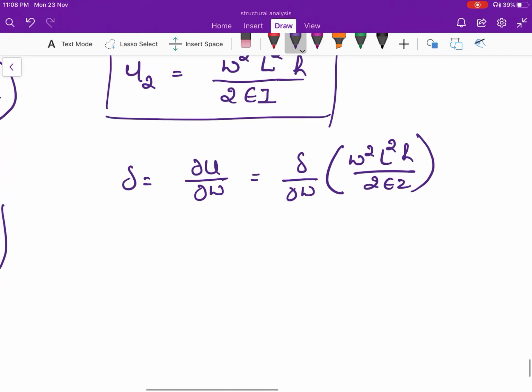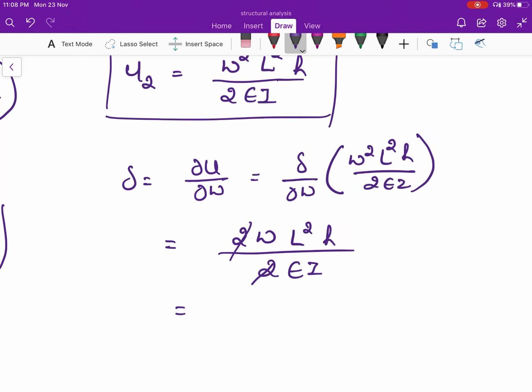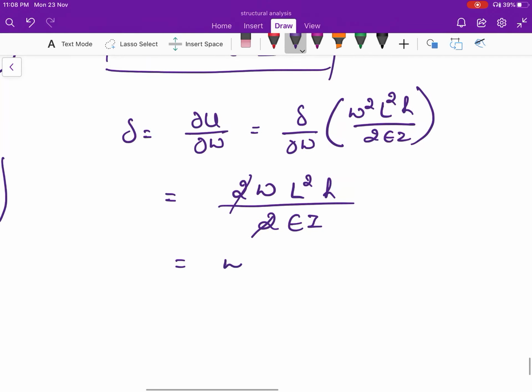We need to differentiate it with respect to W, which becomes 2 into W into L square into h divided by 2EI, where 2 and 2 get cancelled, which comes to be W L square h divided by EI, the value of delta 2.